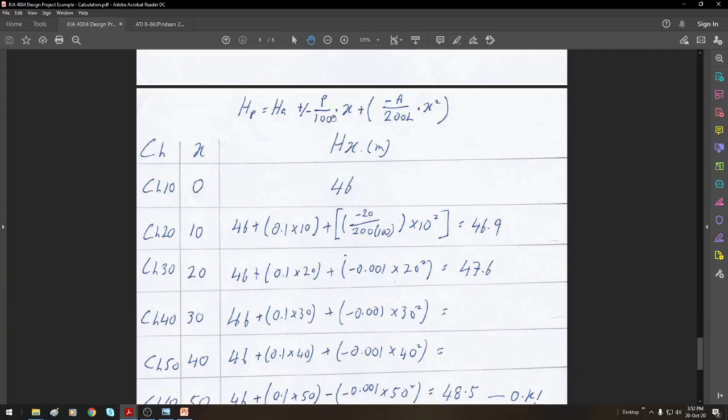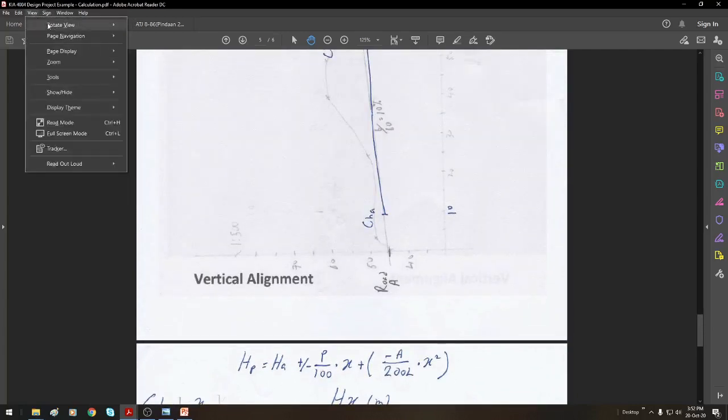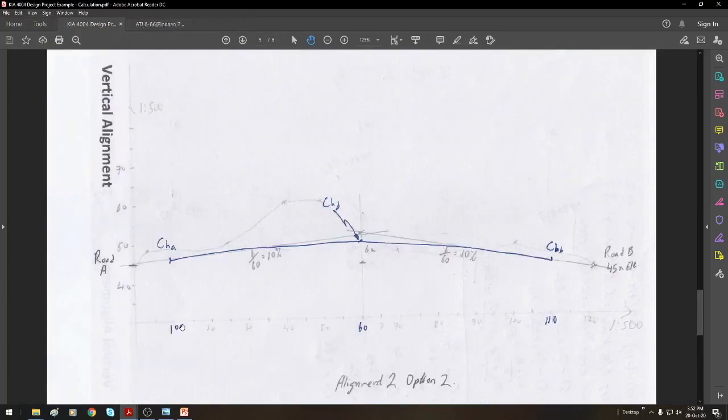So now we are calculating. This is the first station, 10 meters. The X value is 10 meters. For the second station, over here, chainage 30, the X value is 20 meters. From this station, the X value is 40 meters.